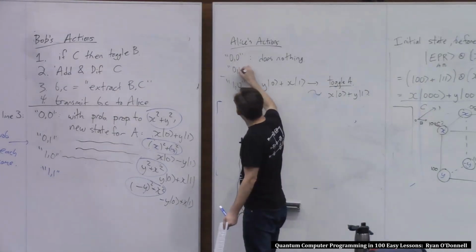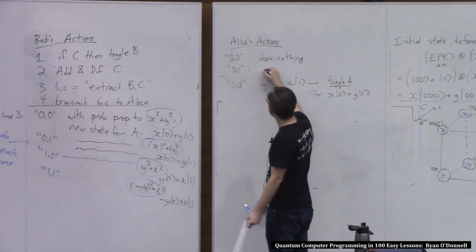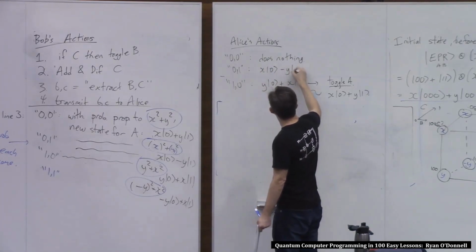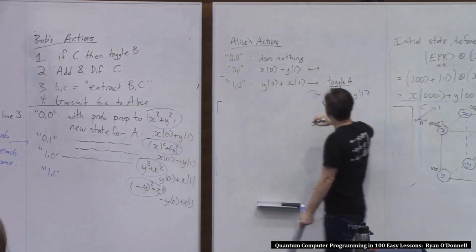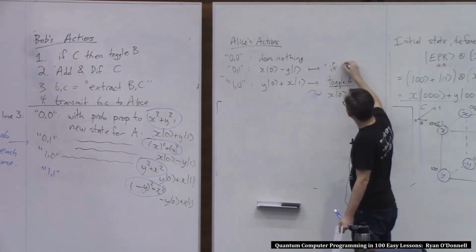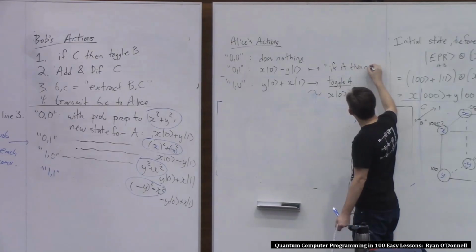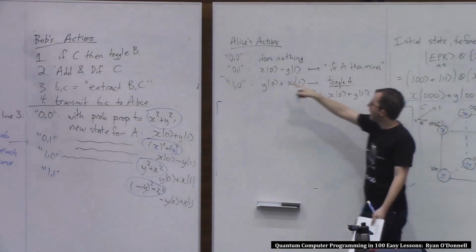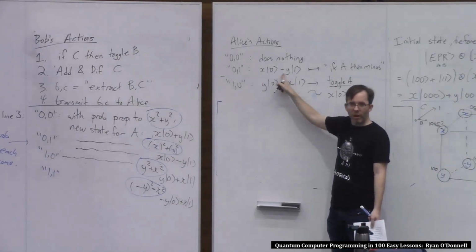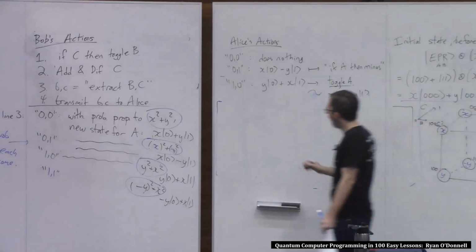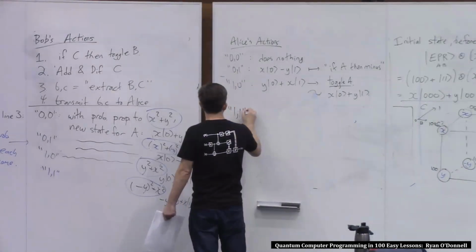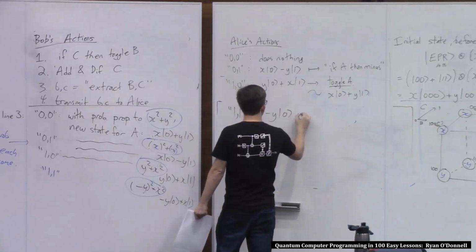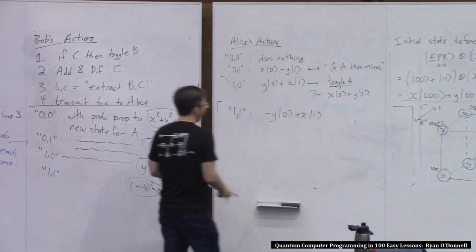Okay, if she gets 0, 1, then the state is, if I'm not getting it wrong, x amplitude on 0 and negative y amplitude on 1. And here she should do, we didn't talk about this much, but if A, then minus. So if she does if A, then minus, that leaves this as x, and that switches this to plus y, which is correct. And finally, if she receives the message 1, 1 from Bob, that means her qubit is in the state minus y amplitude on 0, x amplitude on 1.